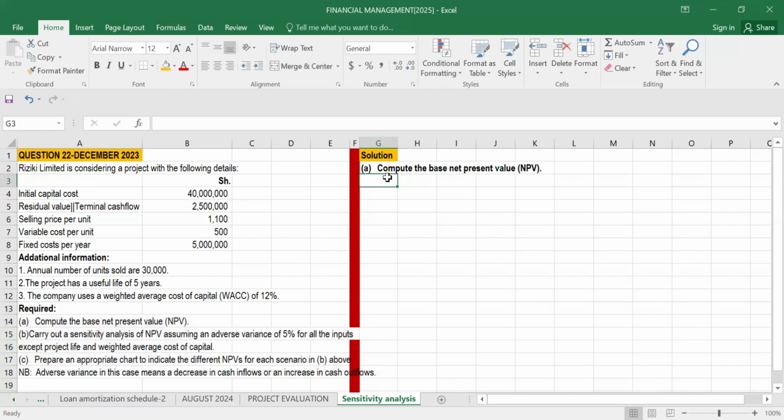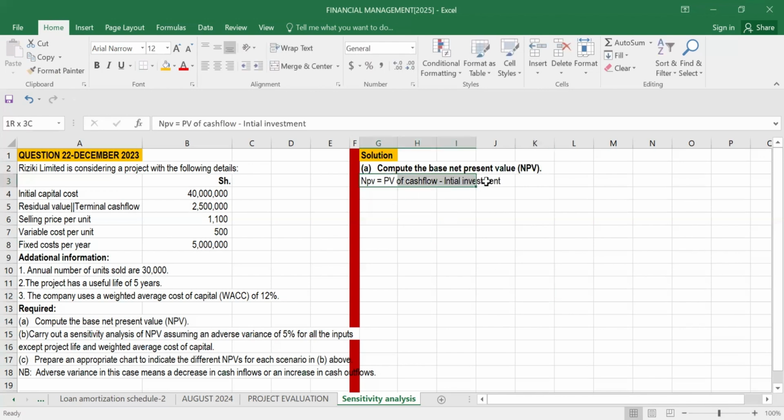Now remember, to compute the NPV of a project, we take the present value of cash flows, and from this we subtract the initial investment. This is something we need to recall from our previous session.